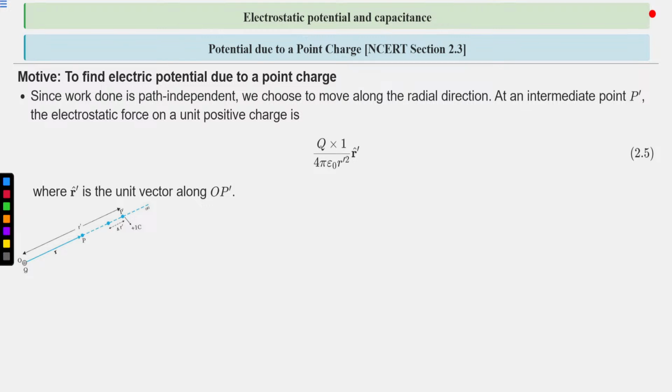So due to this Q, between this plus 1 coulomb and this Q, the electrostatic force is Q into 1 by 4 pi epsilon naught, and the distance between these two charges is r dash square, and the direction is r dash cap, meaning the unit vector along this direction.